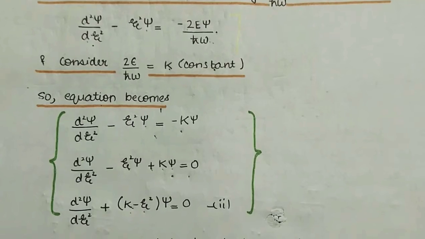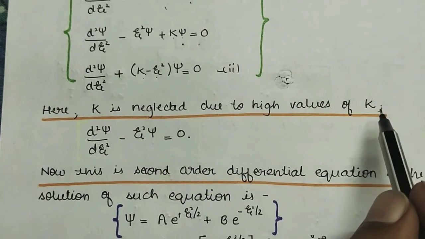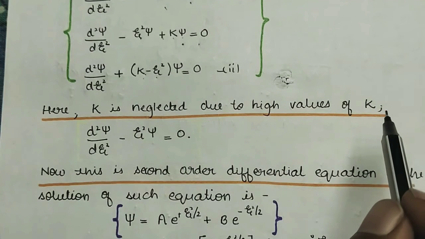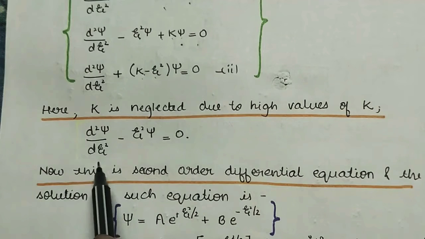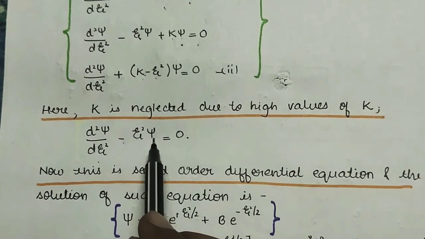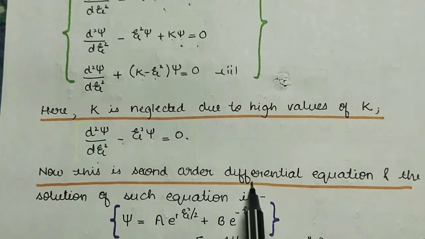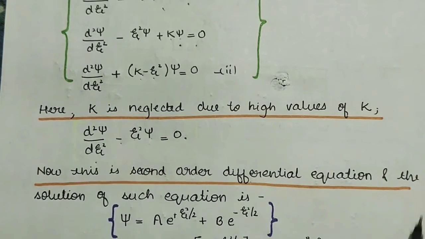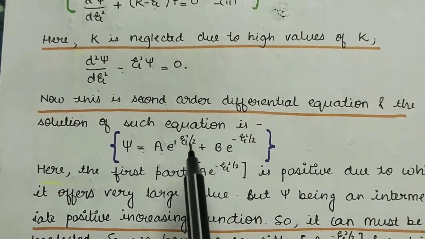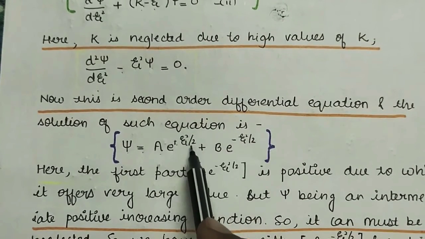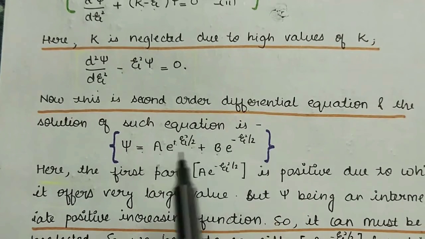Here k is neglected due to its high values. It possesses very high values on solving, so we can neglect it. Now we are only left with ∂²ψ/∂j² minus j²ψ equals 0. So this is a second order differential equation in ψ, and the solution of such an equation can be given as ψ = a e^(+j²/2) + b e^(−j²/2).